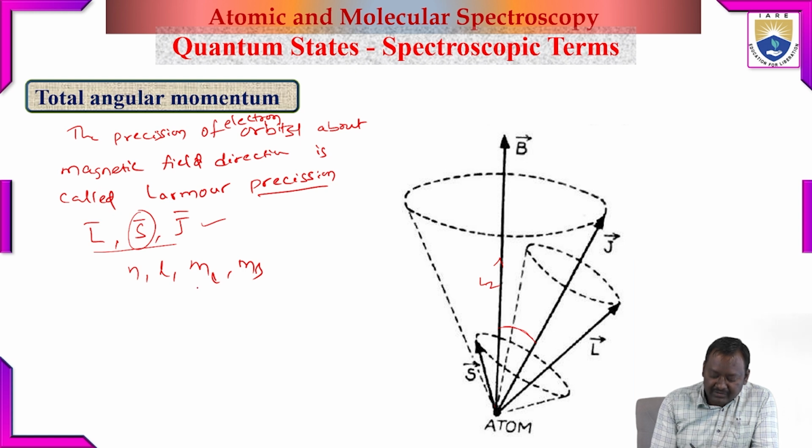Here, instead of these terms, we can represent them in a different notation also. We will see all those representations of quantum states in different notation, which are called spectroscopic terms.